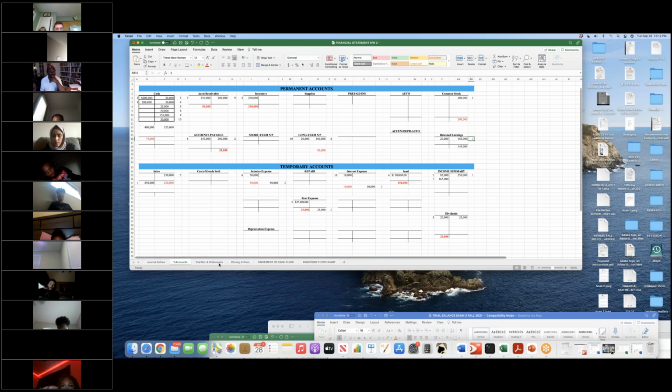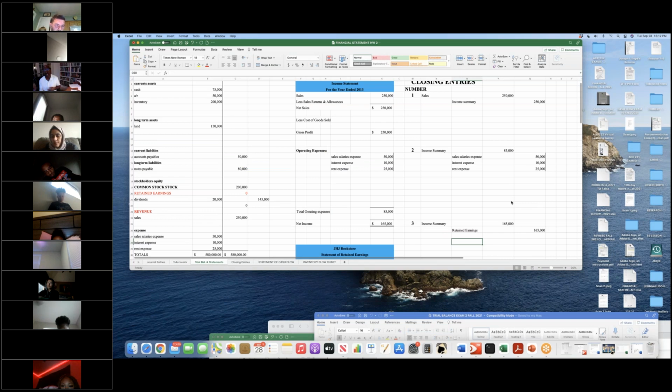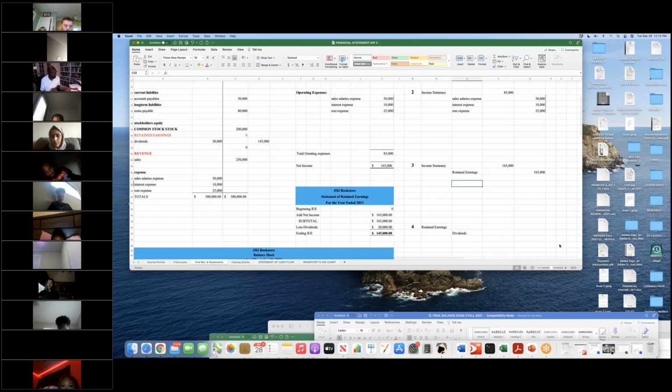And we got a final closing entry that we want to make. So who's going to make our closing entry number 4? In closing entry 4, we close out the dividend.